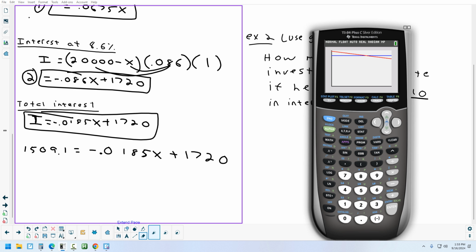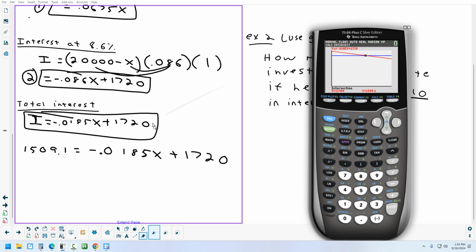And what do we have to find? Crossing point? Yeah, find where they cross. So second calc intersect. And we did intersect last week. It asked you 3 questions, but you can just hit enter 3 times, because do they cross more than once?